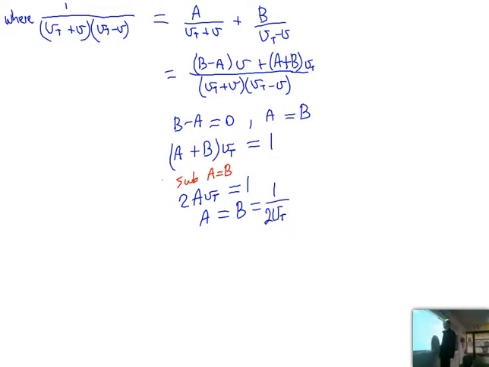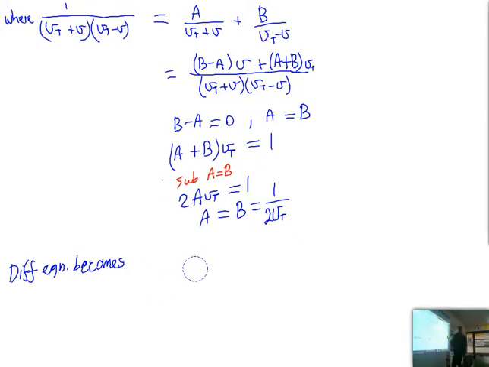Alright, so let's put that back in and let's set up our differential equation again. It's going to become now, past all that, let's look at our integral, put it back in. So we've got the integral on the left, this becomes this one.